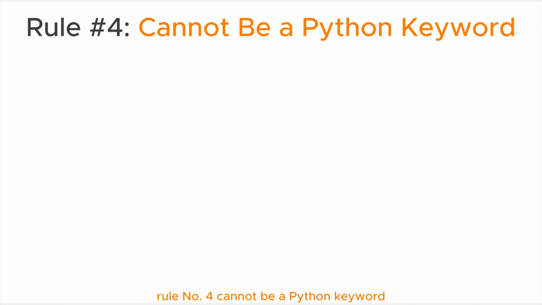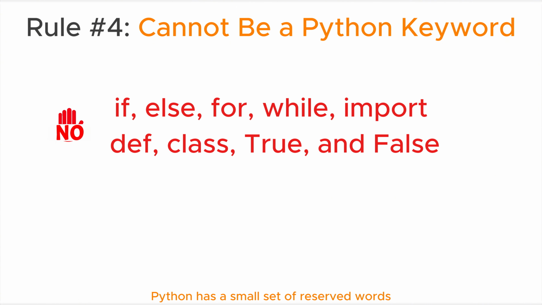Rule number four, cannot be a Python keyword. Python has a small set of reserved words that have a special meaning in the language. These are called keywords. You cannot use these words as your identifiers. Some examples are for, if, else, while, class, True, and False.